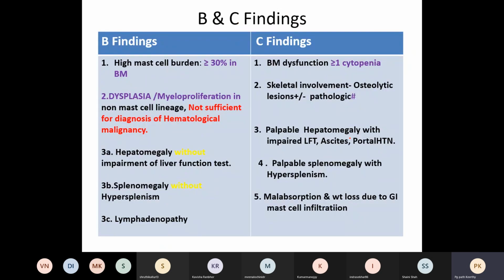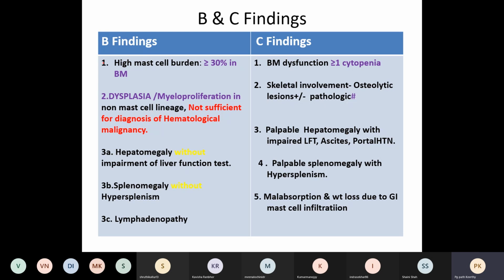So we need some other criteria to classify those 5, like to call a systemic one indolent, smoldering, or aggressive. Anyway, it is systemic mastocytosis only, but we want to reclassify, so we need a little more criteria. We call them B findings and C findings. B are borderline findings. C are critical findings.